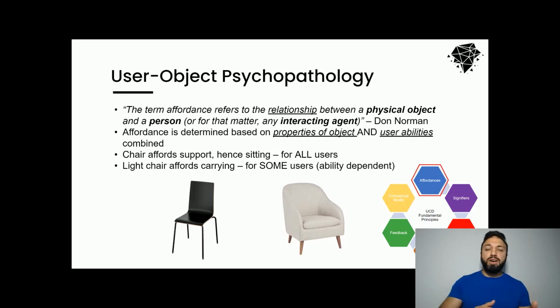If it's a sofa, or let's say, I don't know what to call it in English, a bigger chair that you use in your living room, this one does not need to afford carrying. It just needs to afford being comfortable, right? And being comfortable, as we said, is the same for all users, or at least for all users of the same size.